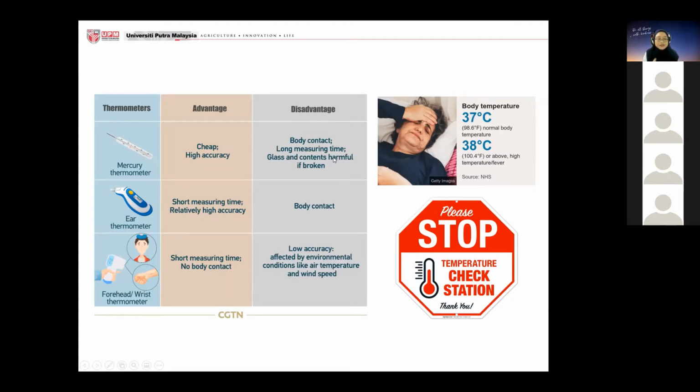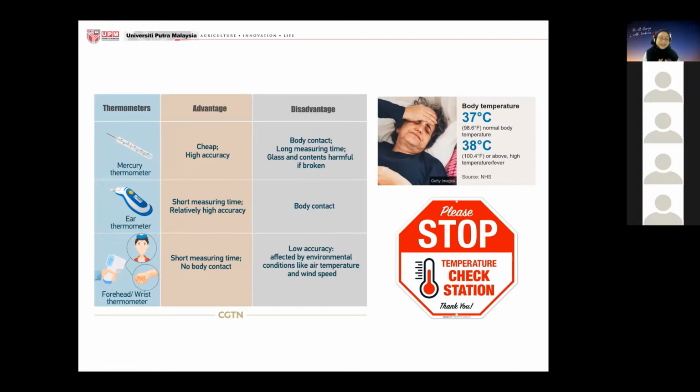If you use something like this, there's no body contact, and the accuracy will be affected by the environmental conditions. You have the air temperature, so you might measure the air instead of your forehead, or the wind speed. Maybe that place is very windy, so it disperses the heat somehow, so you get a very low reading.